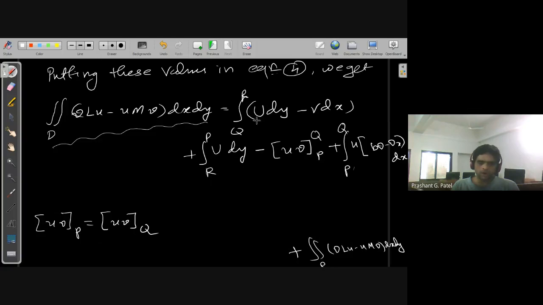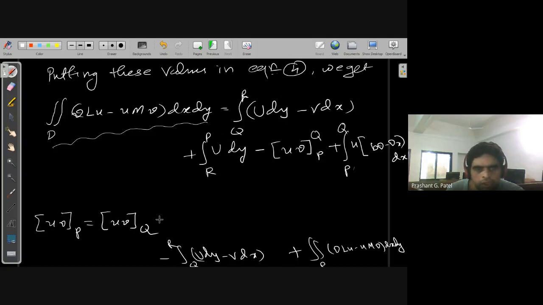Now this quantity which is of negative sign, if I take that quantity on the other side, then this is minus integration from Q to R of (U dy minus V dx). That is also there. This quantity will go on the other side, will have a negative sign.